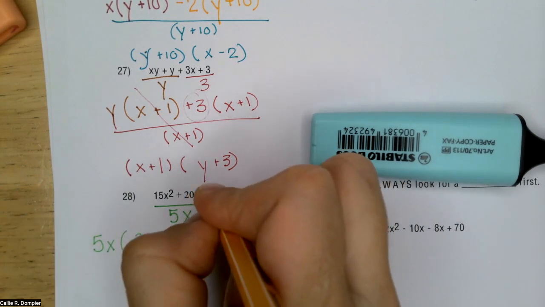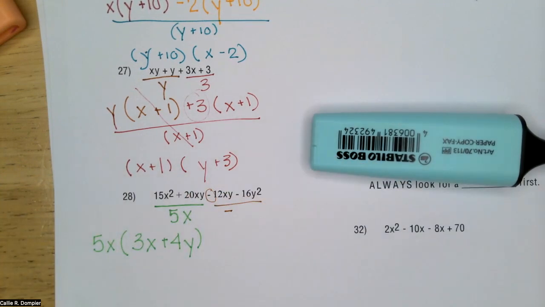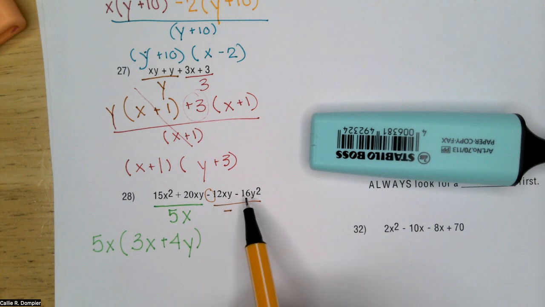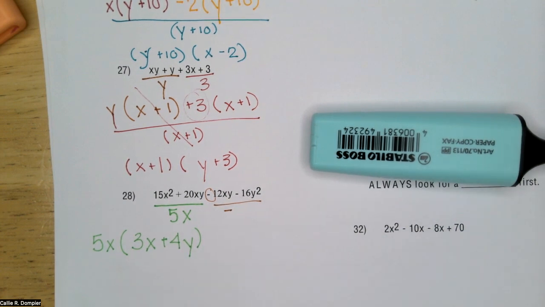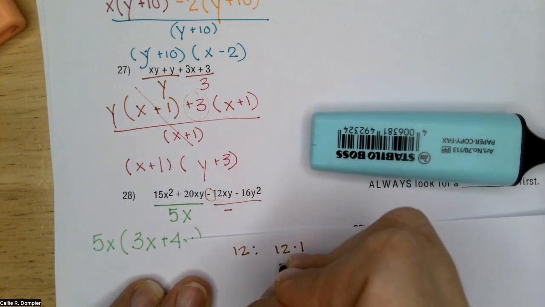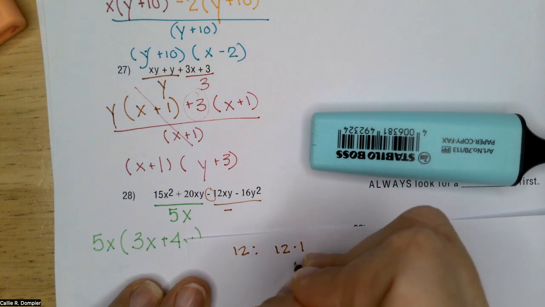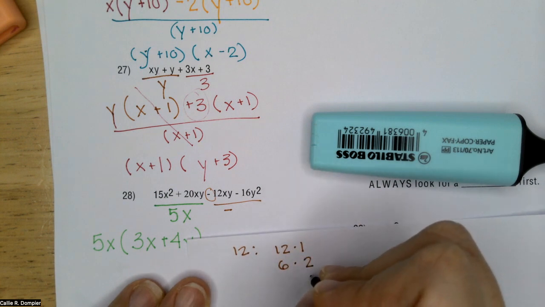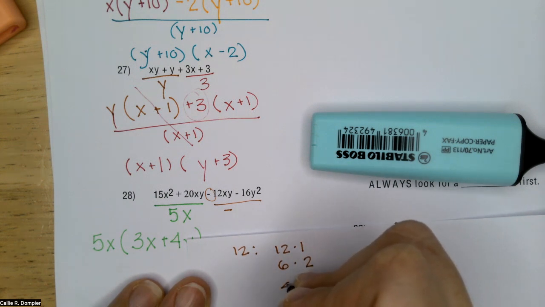Again, very important that we notice that's a negative, so this is going to be a negative number we factor out. 12 and 16. I can't take 16 and divide it by 12. What are some other factors of 12? Factors of 12. I can say 12 and 1, 2 and 6, 3 and 4, right?